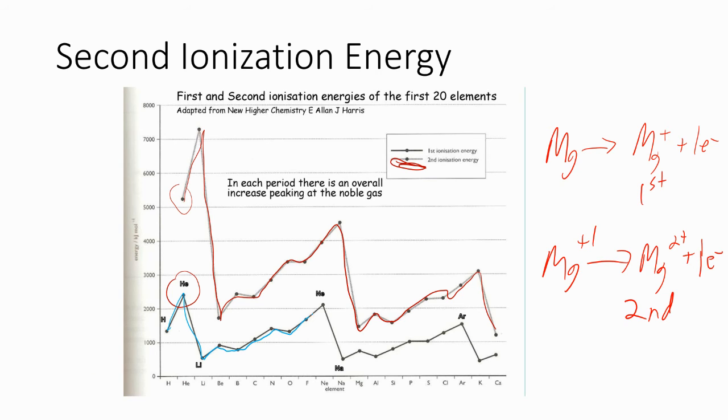So you can see they have a similar shape, but they just got shifted over. Anyway, instead of the noble gases being the biggest deals, as with the first ionization energy, with the second ionization energy the biggest deals are the alkali metals. So lithium, sodium, and potassium have the highest second ionization energy, because after losing one electron, those are going to be like the noble gases.